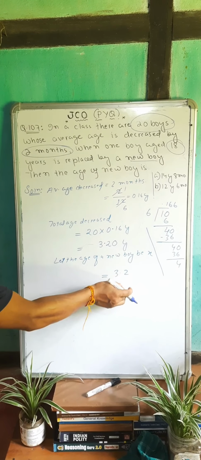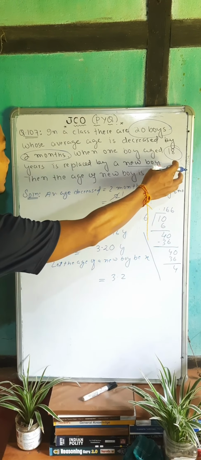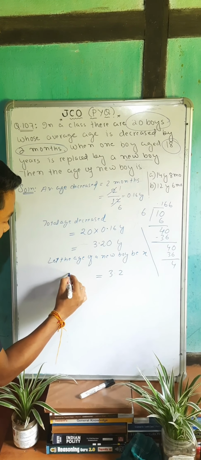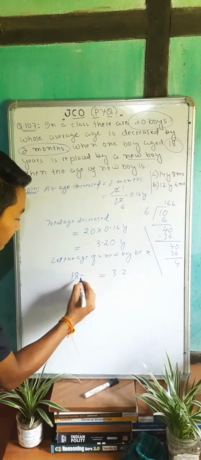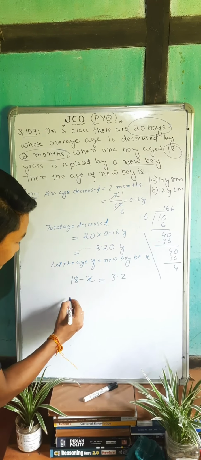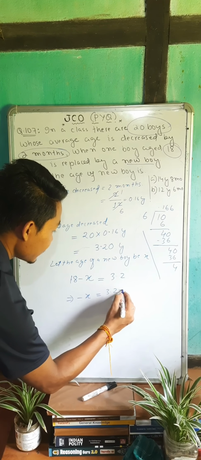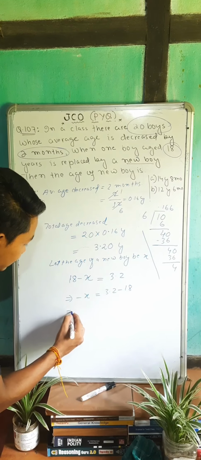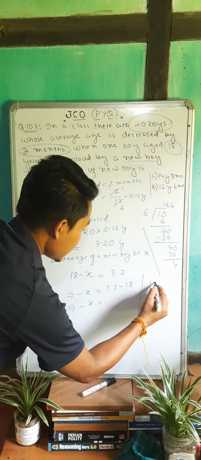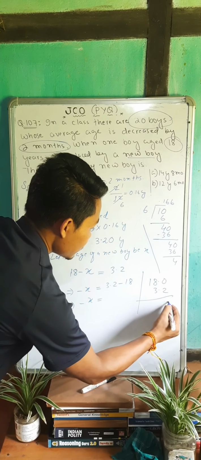Now there is an age difference of 3.2 years because there is an age gap between the 18-year boy and the new boy. So we can write 18-year boy minus the age of the new boy, let's say X. Now we will find the answer. Minus X equal to 3.2 minus 18, which will give us 18 minus 3.2 will give us 8.